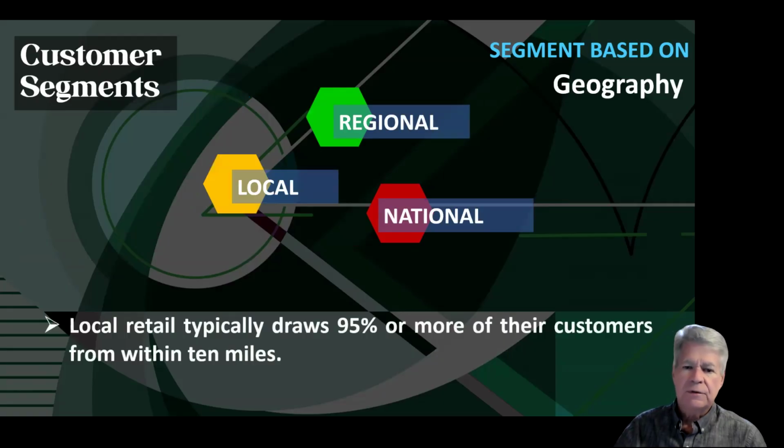Local retail typically draws 95% or more of their customers from within 10 miles. Creating customer segments is valuable if you have local, regional, or national customers. Traditional local media is usually limited to broad geographic areas. This can be a good match if the content matches your target market.